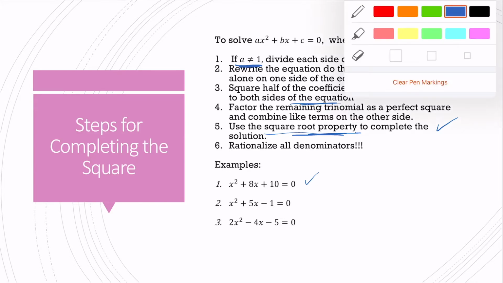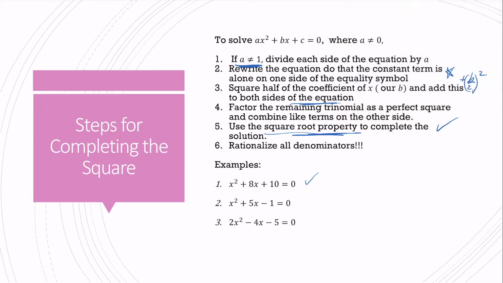So first thing I have is x squared plus 8x plus 10. Step 1 is to make sure our leading coefficient is 1. Then I have to move my constant to the other side.